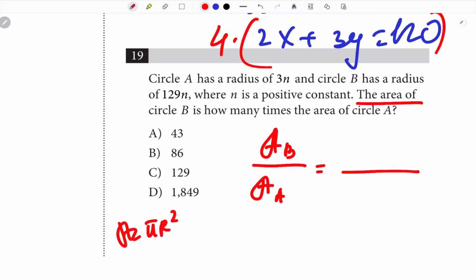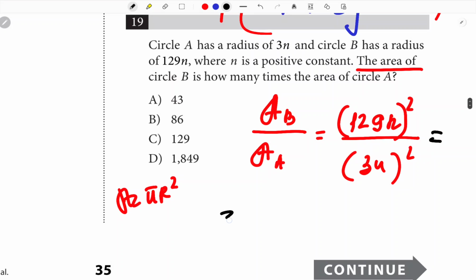It's the area of a circle, but I must write here rb squared divided by ra squared, pi cancels out to simplify.